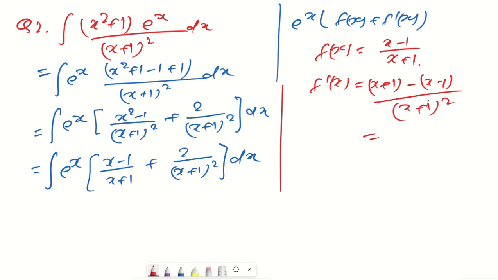The x cancels, so this is 1 minus minus 1, that is 2, so f dash x equals 2 by (x plus 1) whole square.